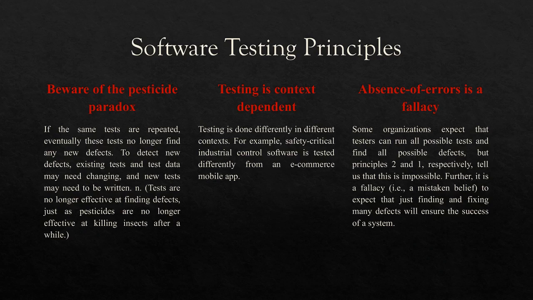Further, it is a fallacy, a mistaken belief, to expect that just finding and fixing many defects will ensure the success of a system. So, the last principle basically explains that if you think that your software does not have any defect, it is a myth, as software cannot be 100% bug free.